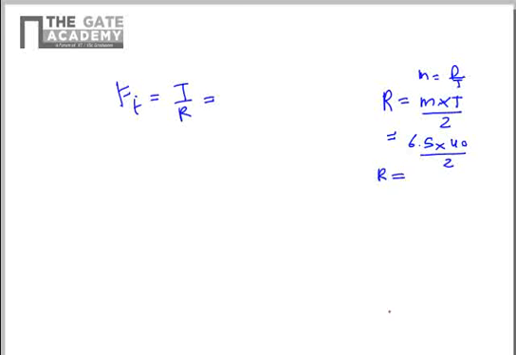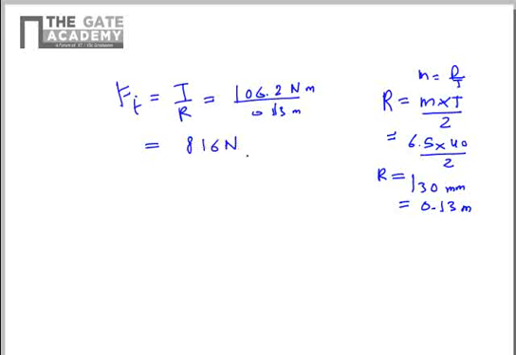So R is equal to 130 mm. But we have the torque in Newton meters, so we'll take R in meters. Torque is 106.2 Newton meter and radius is 0.13 meter. The tangential force at the pitch circle comes to around 816 Newton.